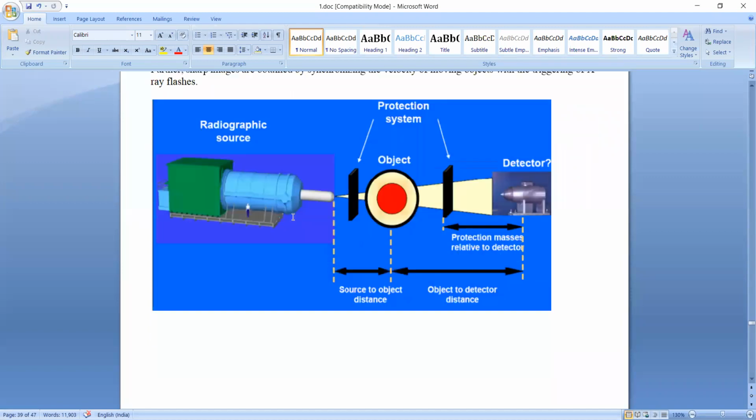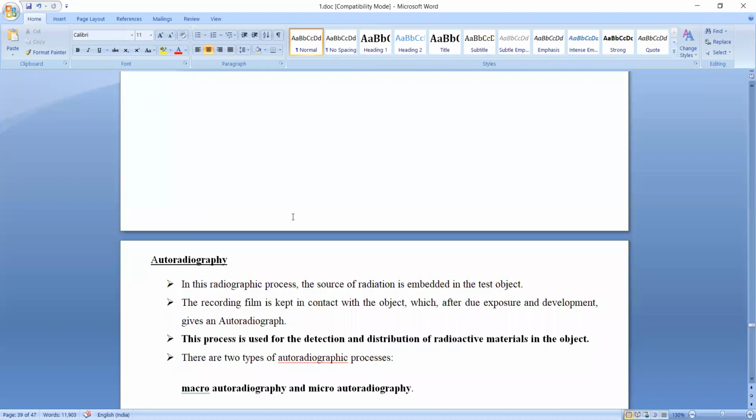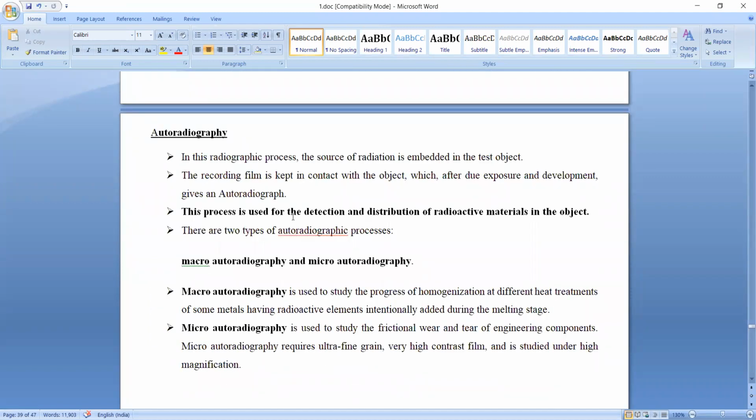Next one is auto radiography. The name itself explains it: auto radiography means a self radiographic technique. What is this procedure? Here we embed the source of radiation into the object, at the manufacturing process itself, before testing.